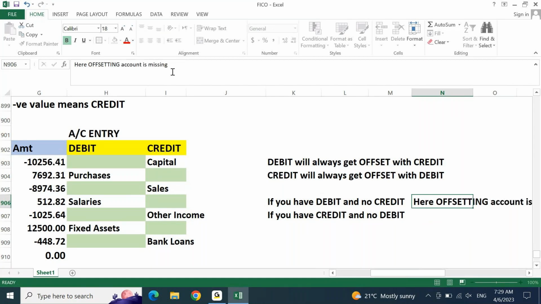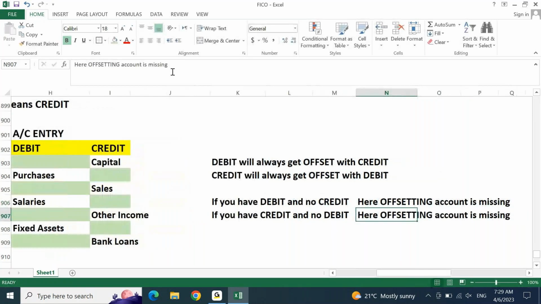Is this what we say in general? Yes, sir. If you have debit but there is no credit, you will say the offsetting account is missing. Similarly, if you have credit but you do not have a debit, you call it offsetting account is missing, but you will never say debit is missing or credit is missing. Instead, you will say offsetting account is missing.